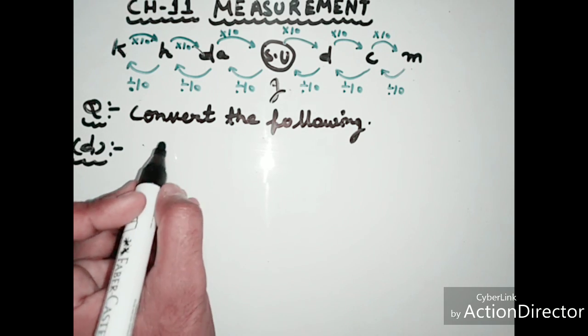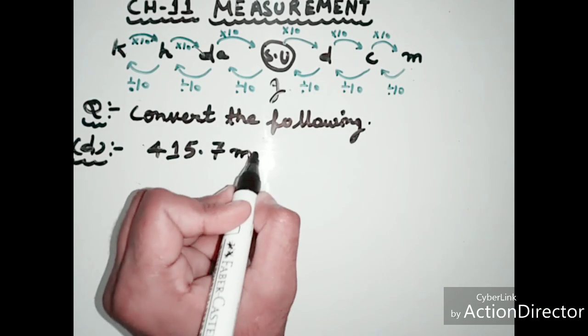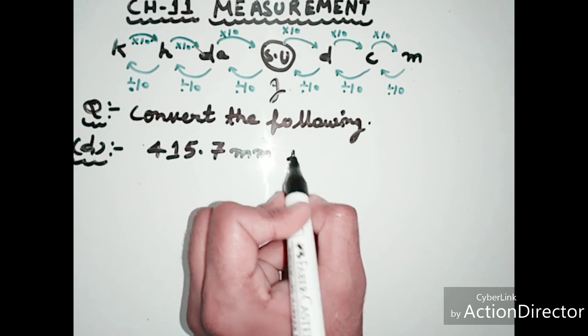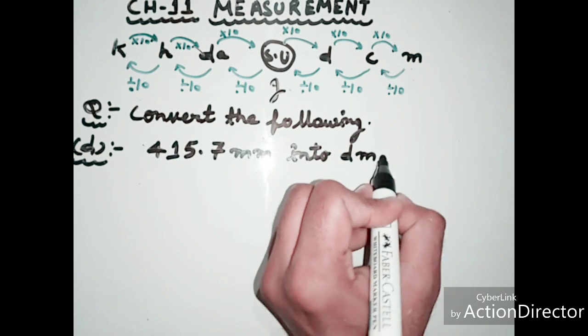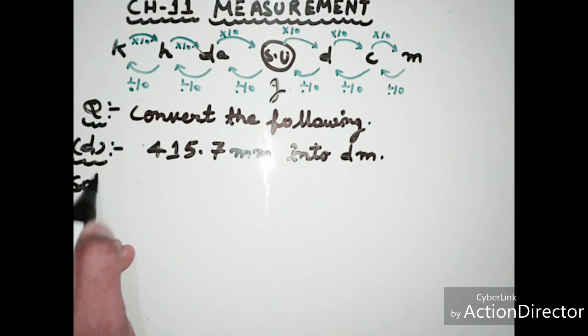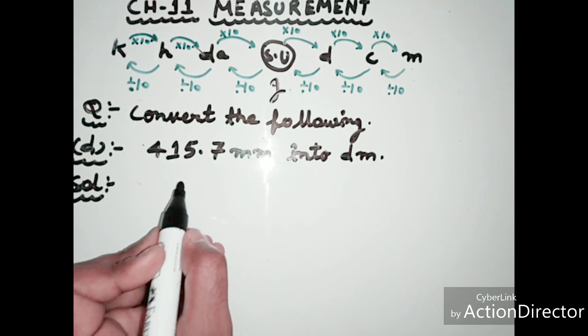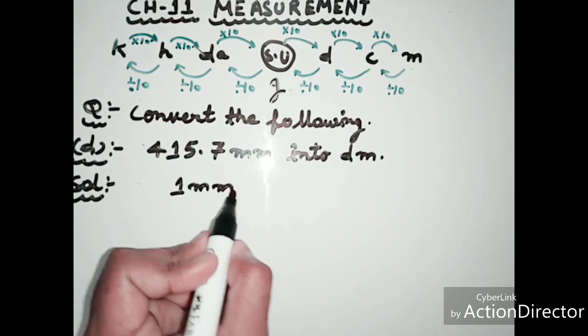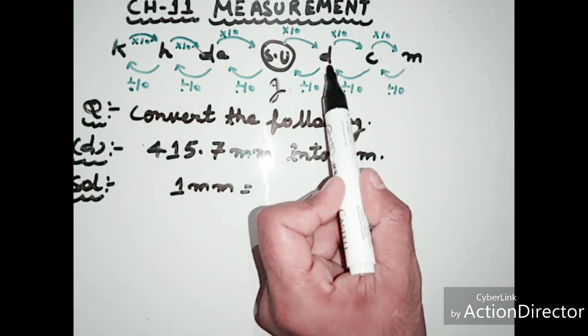415.7 millimeter into decimeter. So how many decimeter in 1 millimeter? So 1 millimeter equal to, millimeter is here and decimeter is here.